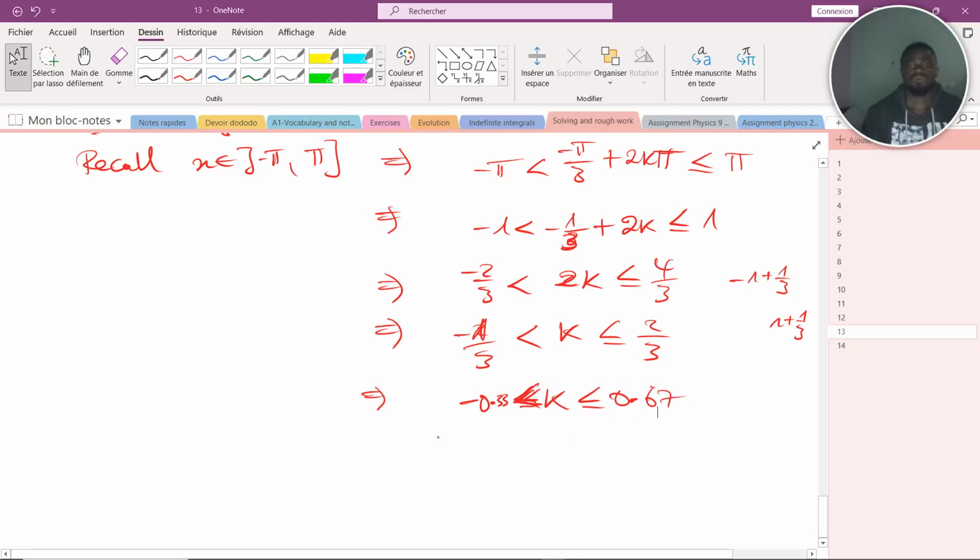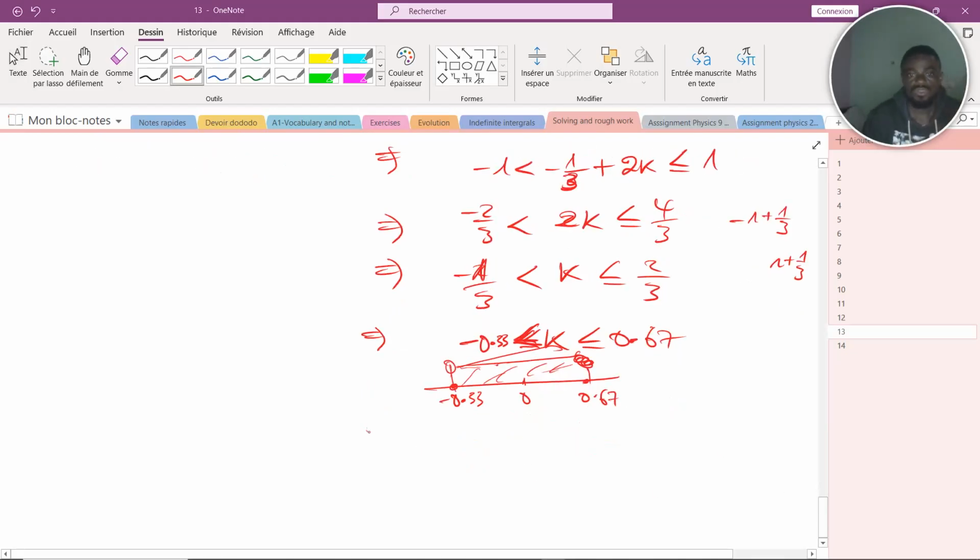So we clearly see that if I'm to draw it on a number line, this is minus 0.33, this is 0.67. It is open here and closed here. So these are the integers that are supposed to satisfy here. The only integer that's present here is 0. So it implies our k must be equals to 0.